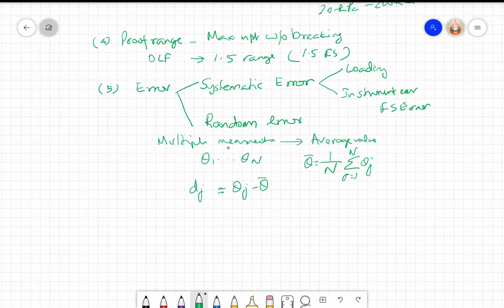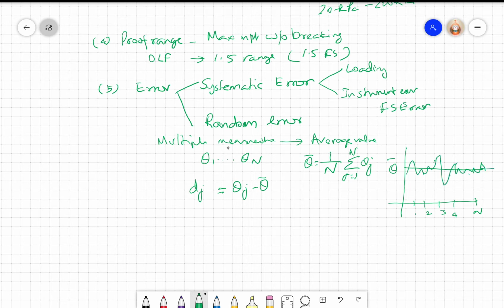If I represent the actual measurements, this is 1, 2, 3, 4 to n measurements, and this is theta average, theta bar, and individual values will be something like this.